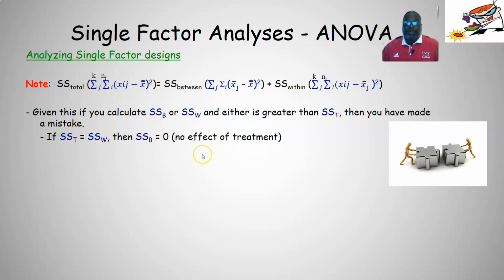Again, this is an extreme example, but this can just tell you kind of how to weight things when you're looking at the numbers. If you have your sum of squares total equal to your sum of squares between, that tells us that all the variability is being accounted for by your effect, and there's nothing left over for random variance. Now, again, these are extreme examples, not like they happen in real data, but I just want to push that concept on you, that this is how these things kind of balance each other out.